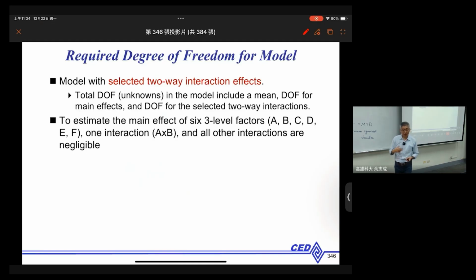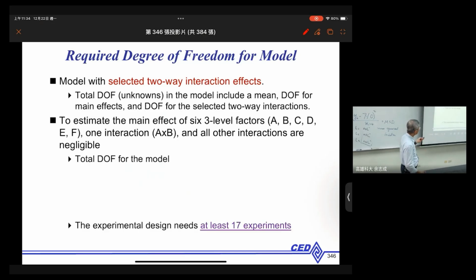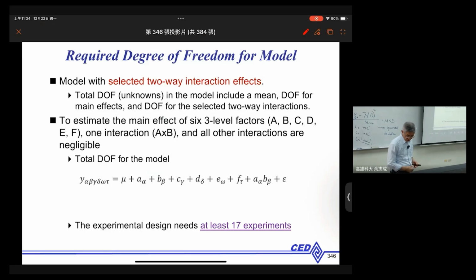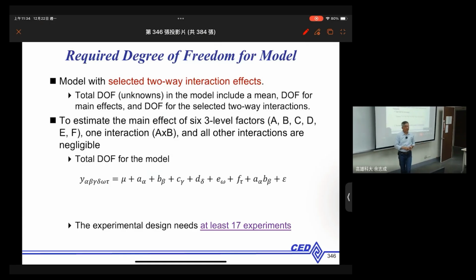Now I want you to calculate the total number of degrees of freedom using the approach we just introduced before. This is an additive model, right? And the additive model will become this main effect plus 1 interaction effect.